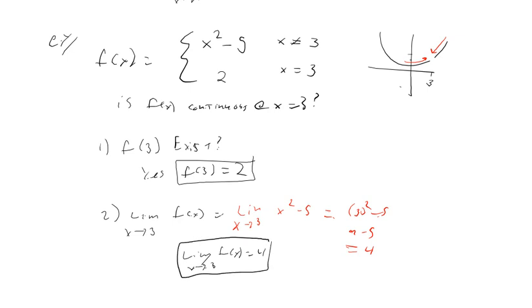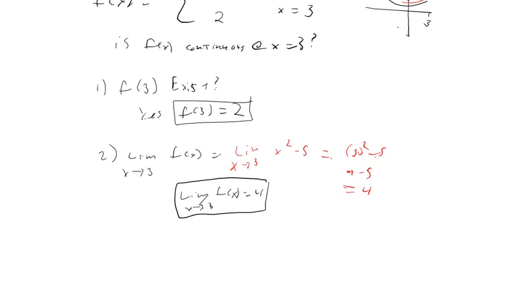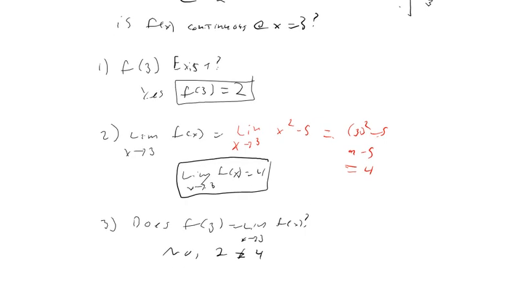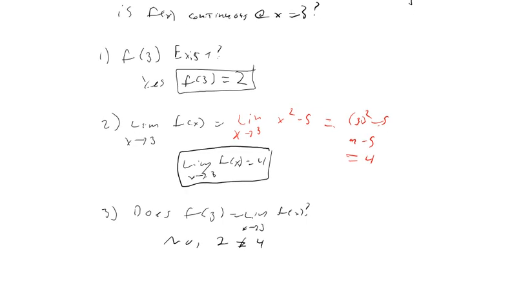Is this function continuous? No. Correct. Does f of 3 equal the limit as x approaches 3 of f of x? No. 2 does not equal 4. That's your answer.